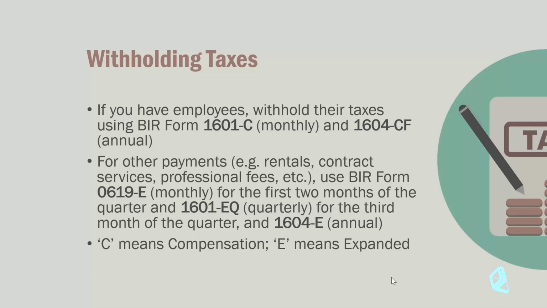In this case, the letter C means compensation and the letter E means expanded. So if you're having difficulties, don't worry. We'll have more discussions later on. I'm just giving you a quick overview of the two most important withholding taxes that we have to pay.